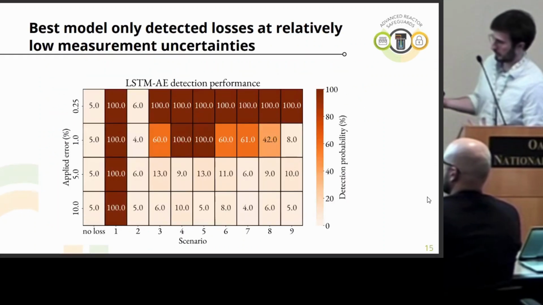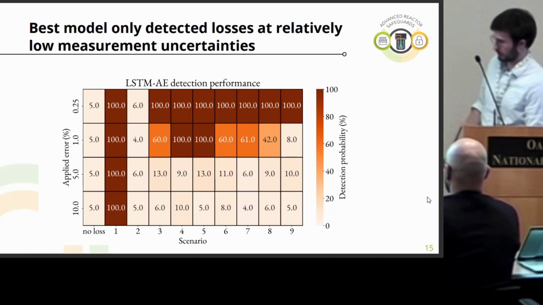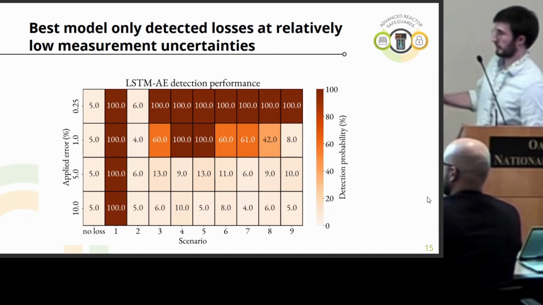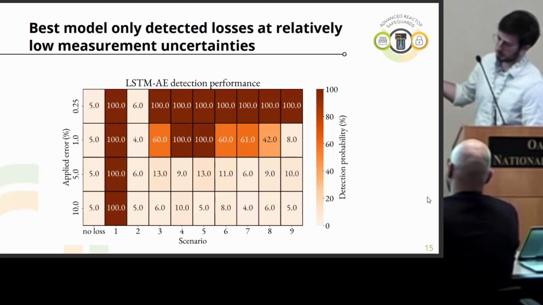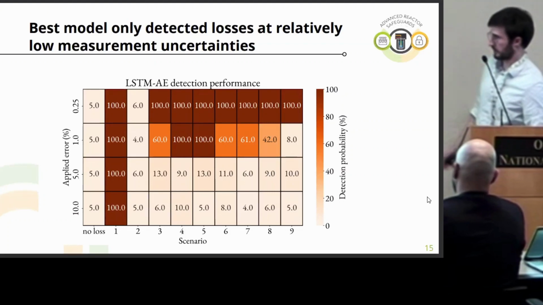I considered in this work two different approaches: a machine learning approach and a non-machine learning approach, and the details for why those are what they are are explained in the paper. But the short answer up front is that even monitoring things like pump speeds, pressures, temperatures, you're still limited by your measurement uncertainty.